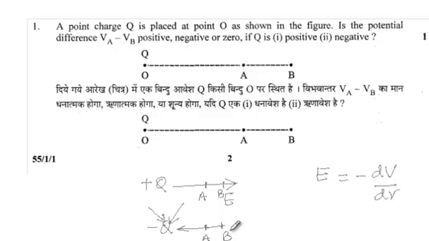That means B is at a higher potential than A when Q is negative. So in this case, VA minus VB is negative, and in the first case VA minus VB was positive.